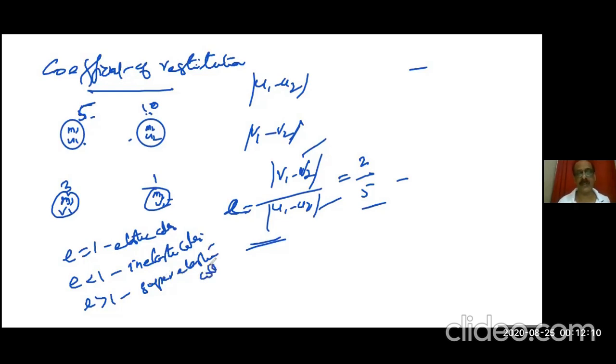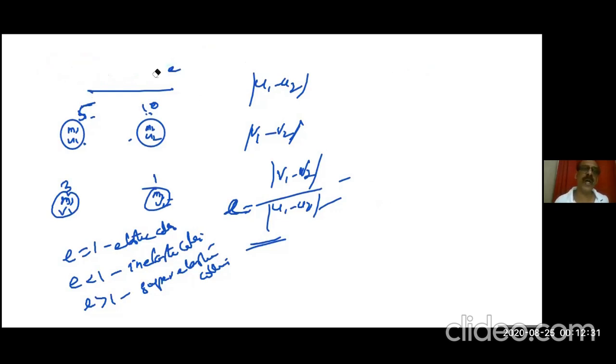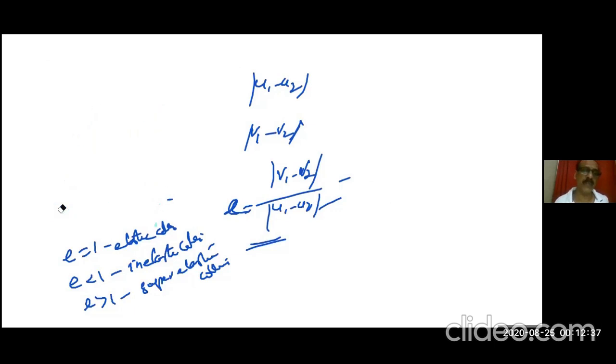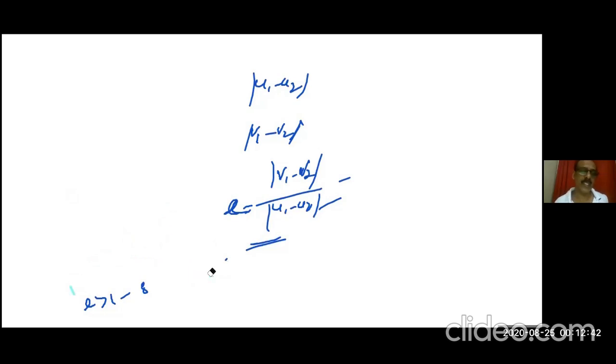So coefficient of restitution is the ratio of relative velocity of the two bodies after collision to relative velocity of the two bodies before collision.